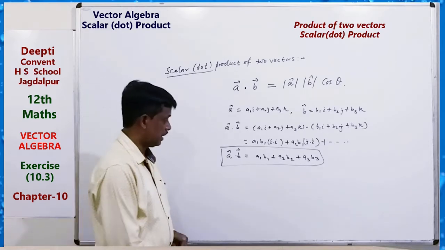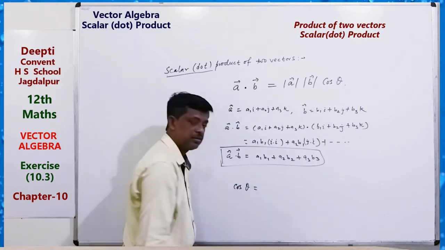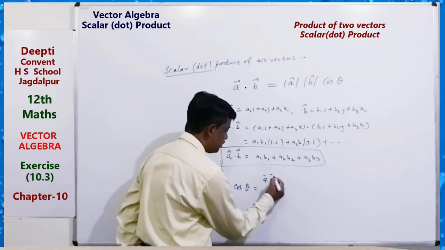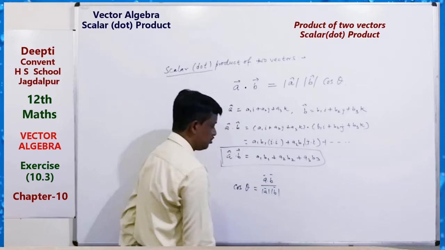So the angle between these two vectors can be written as A dot B upon mod A mod B, we know.